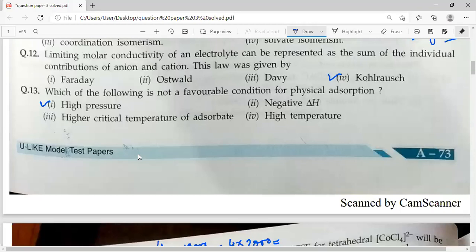Limiting molar conductivity of an electrolyte can be represented as the sum of the individual contributions of anion and cation. This law is given by Kohlrausch.